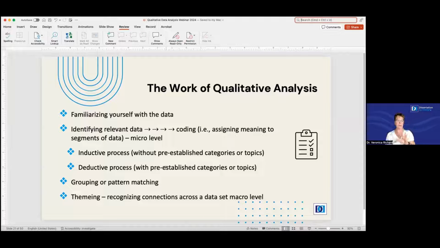Once we identify the relevant data, then we move into this grouping or pattern matching. Again, sometimes it's easy for people to say, oh, I'm first doing this and then I'm going to do this, and it seems very linear. But qualitative analysis is anything but linear. A lot of times after my first transcript or observation protocol or document, once I get my initial identification done, i.e. coding, I'm almost always starting to group already.